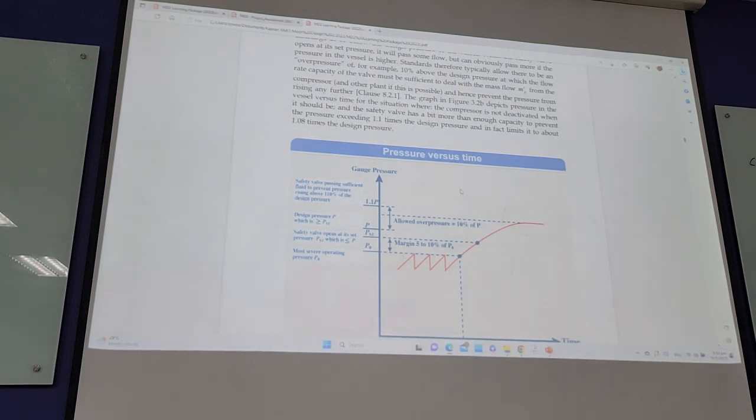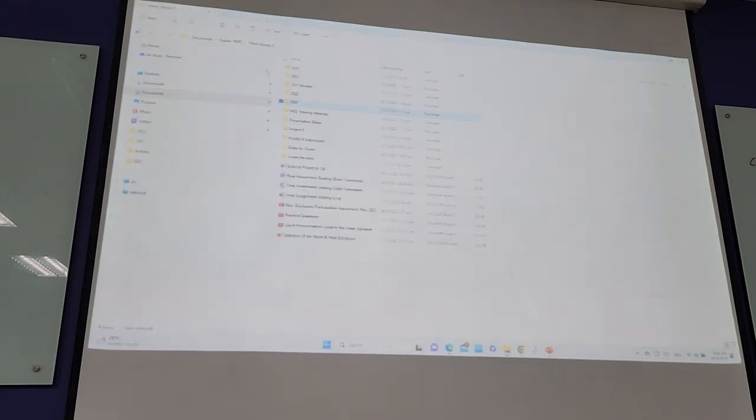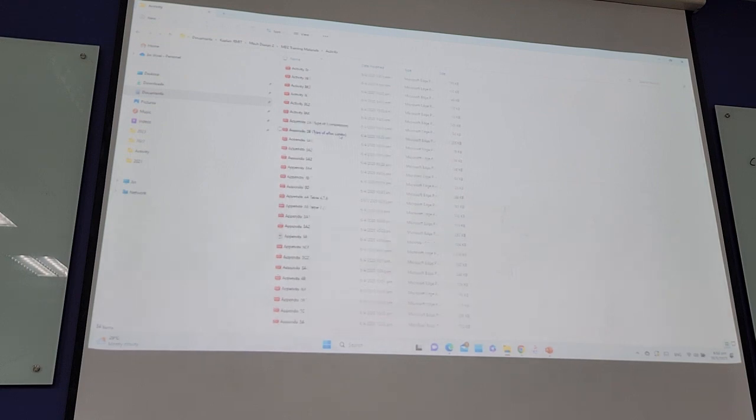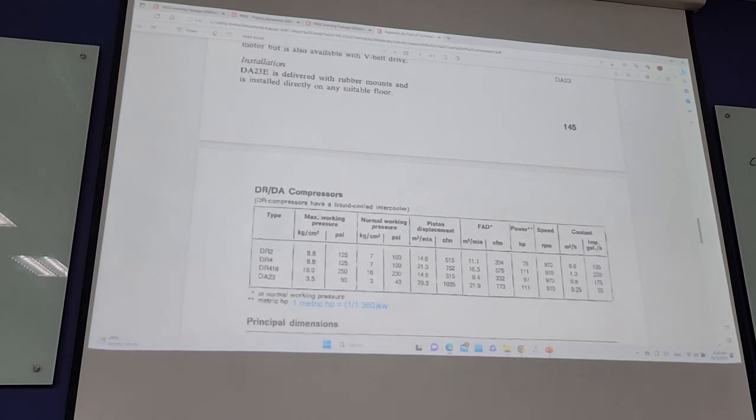But if you look at the table, right? I show you the table. Okay, so over here we have a DR4 compressor.